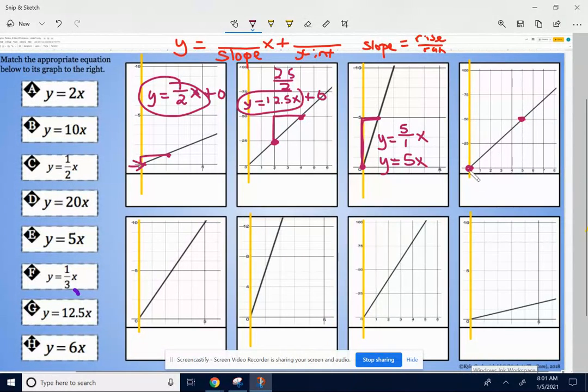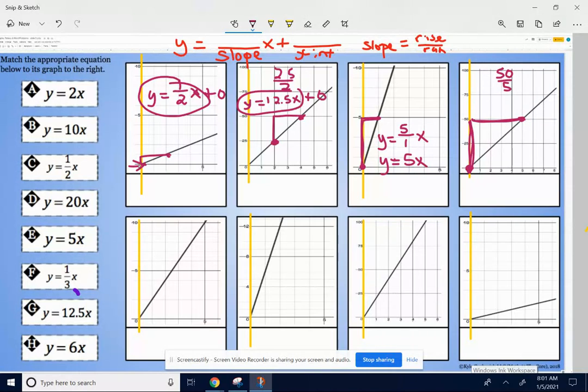I'm going from here to there. So I'm rising 2 spaces of 25, so I'm rising 50, and then I'm going over 5. I'm going up 50 over 5. So my rise is 50, my run is 5.